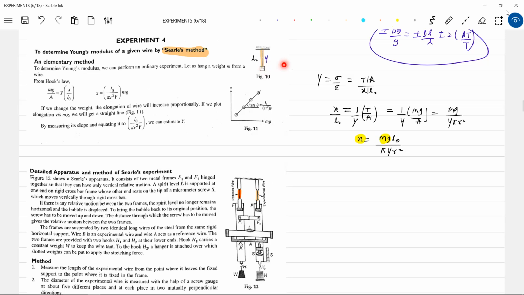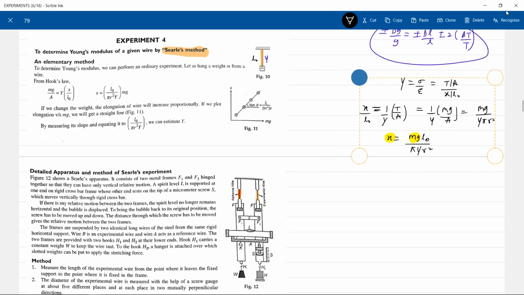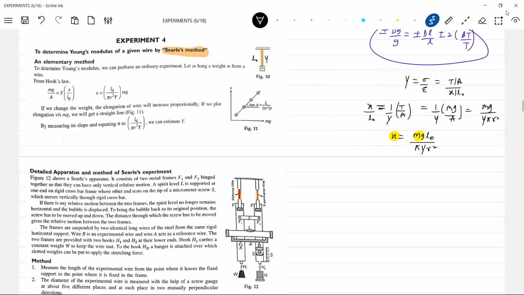Practically here how the situation will be, there's a rough diagram given.